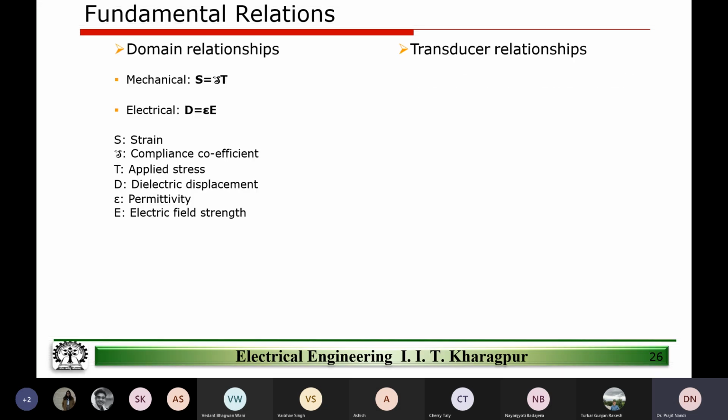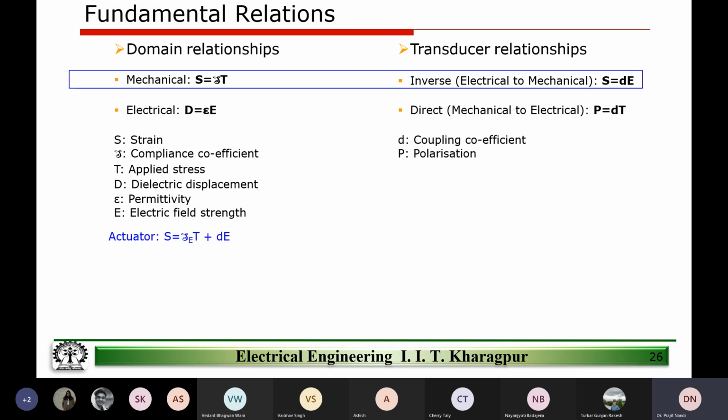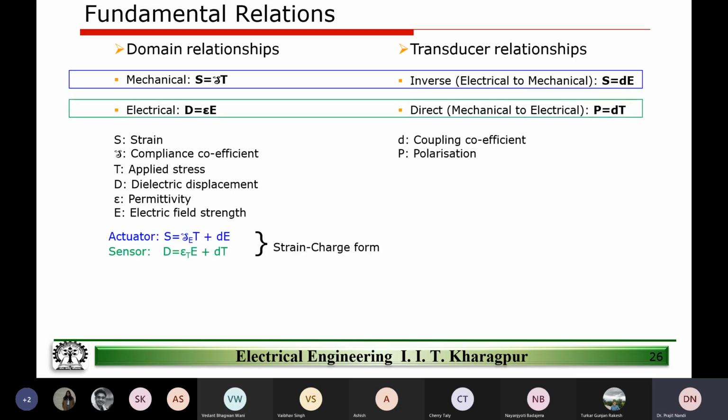And then what we saw are individually the domain relationships. The domain relationships are there independent of whether the material is poled or not, right? The first equation, which comes from Hooke's law, is where the strain, capital S, is proportional to the stress, capital T, and the proportionality constant we said is compliance.